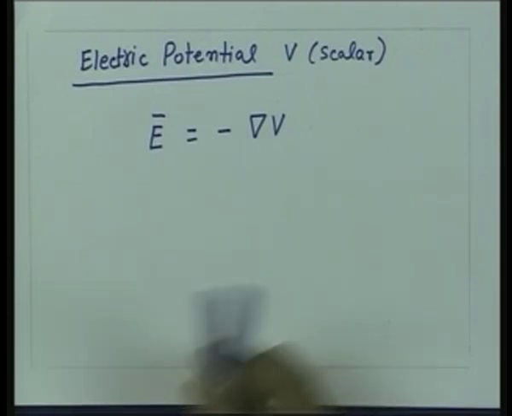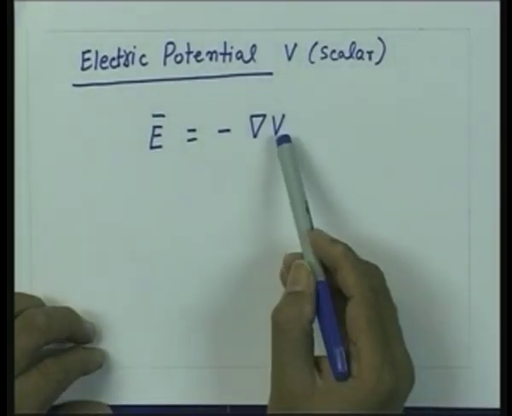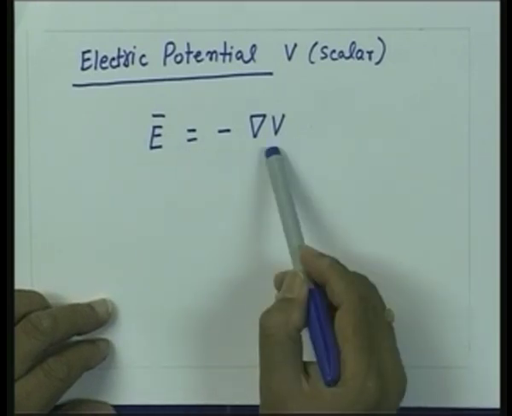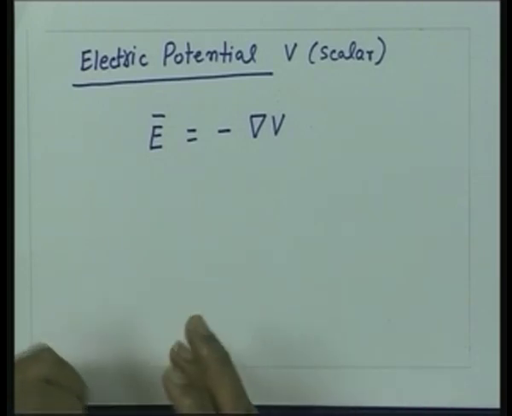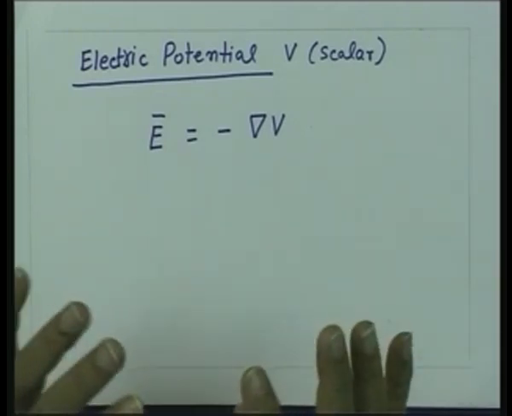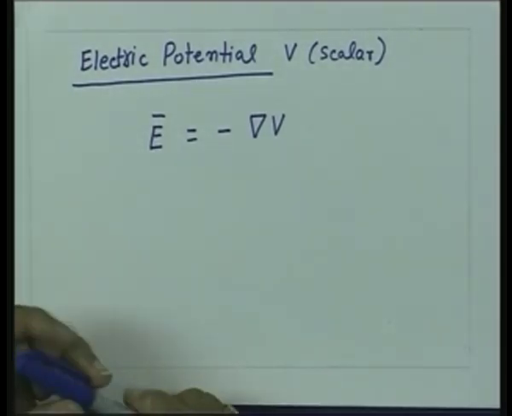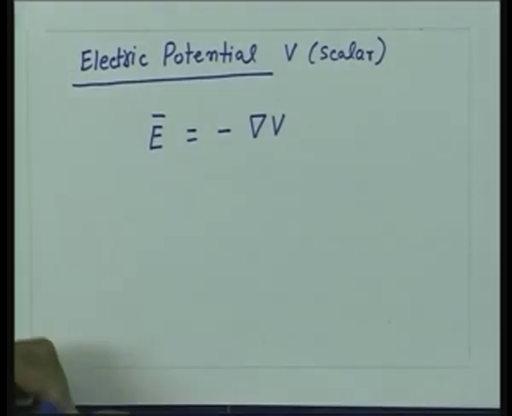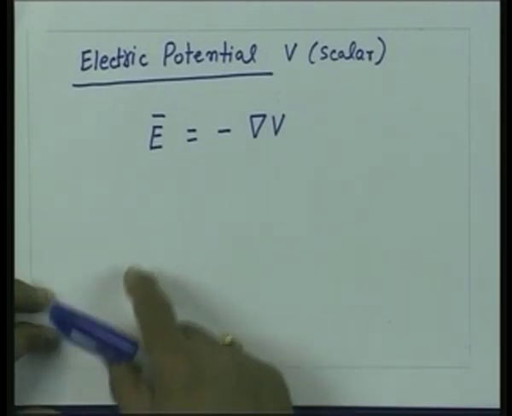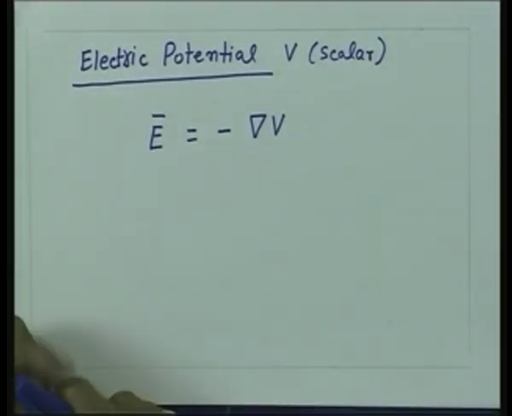So this relation for finding out the electric field from the potential turns out very handy whenever we try to find the electric field in a general complex distribution of charges. If I find the electric field at a particular location because of each component of the charges which are distributed in space, you have to carry out vector additions at that point for the electric field.